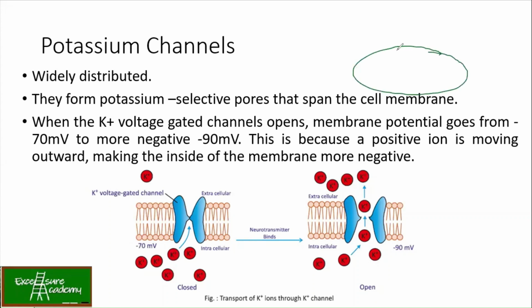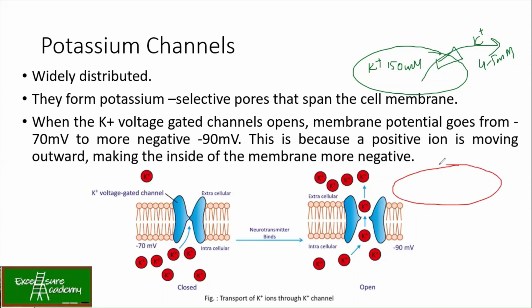So if this is your cell, the concentration of K plus here is 150 millimolar, and here the concentration of K plus is around 4 to 5 millimolar. तो क्या हो रहा है यहाँ पे? A gradient is formed. So जब भी आपका K plus channel open होगा, what will happen? Obviously from inside it will go outside, right? Similarly, when we have Na plus, so Na plus का concentration अंदर रहता है आपका around 20 millimolar और बाहर आपका Na plus का concentration है around 145 millimolar.